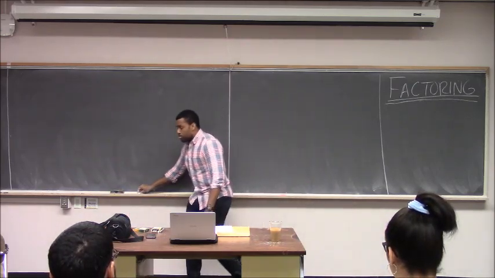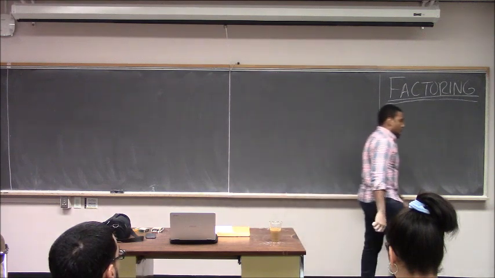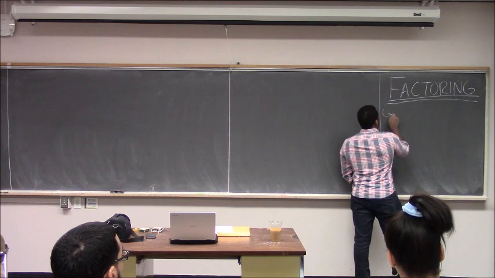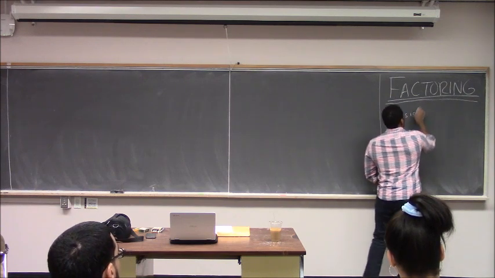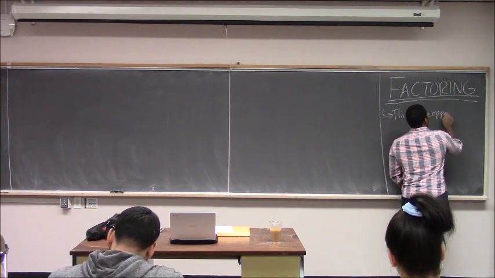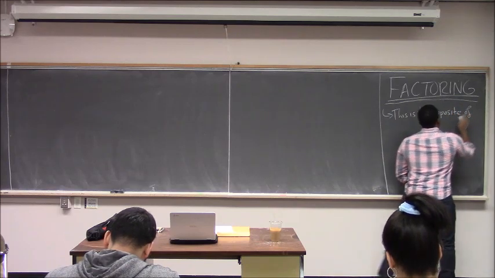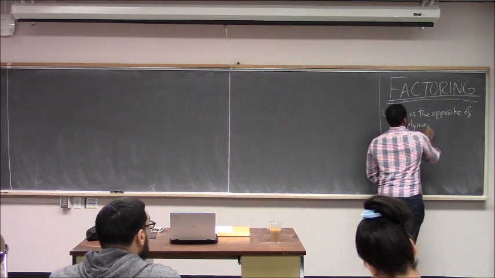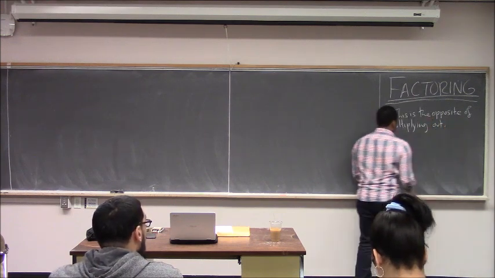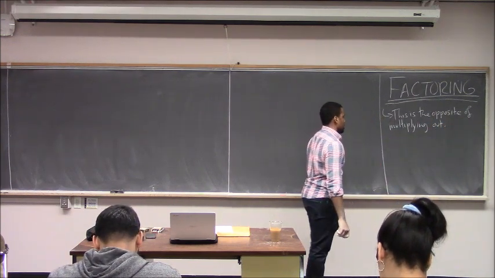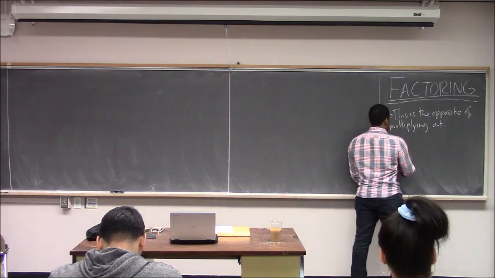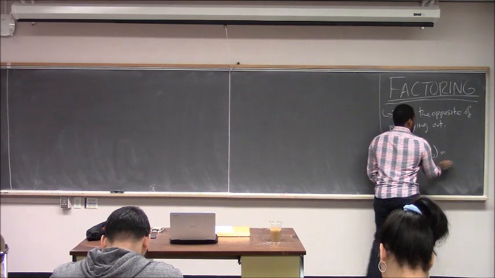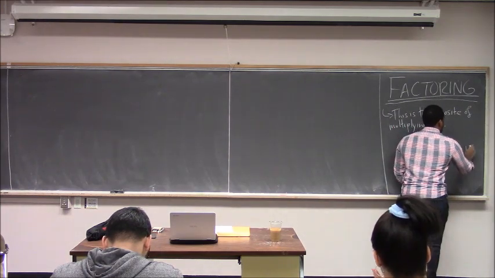As I mentioned before, factoring is simply the opposite of multiplying out. So for example, with the difference of squares example, if I had a minus b times a plus b, I can multiply this out to get a squared minus b squared.